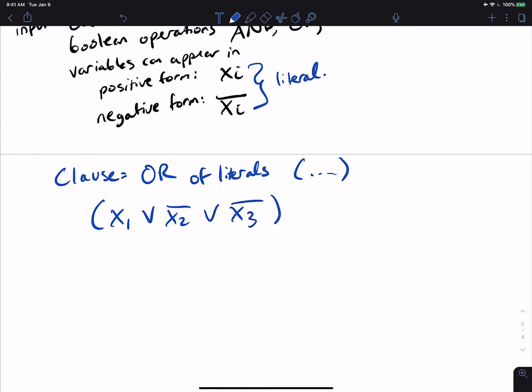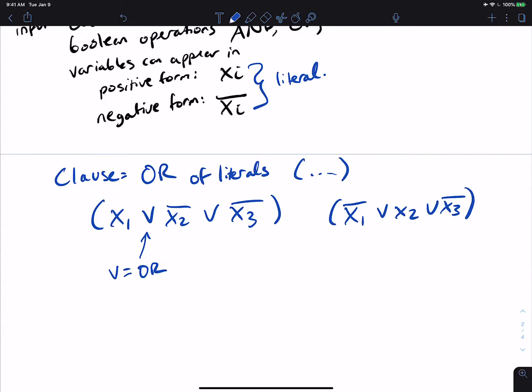The v's here represent ORs, and we have the literals x1, x2 bar, x3 bar. We can also have another clause, let's say x1 bar or x2 or x3 bar. Again, a clause is just an OR of literals.